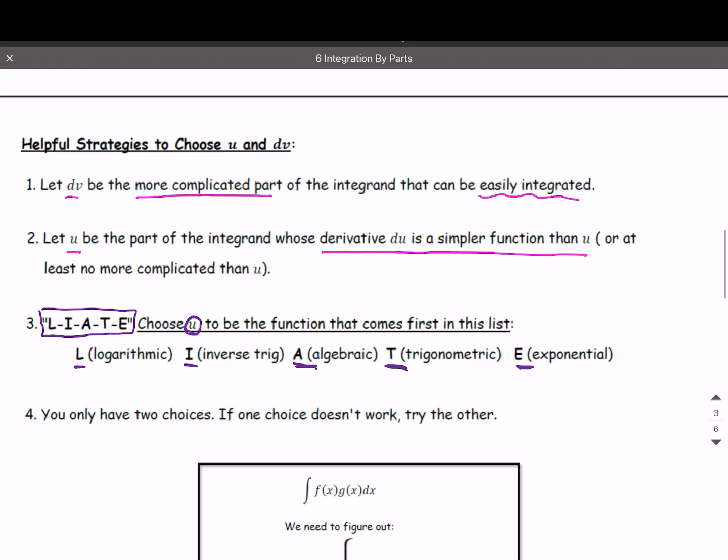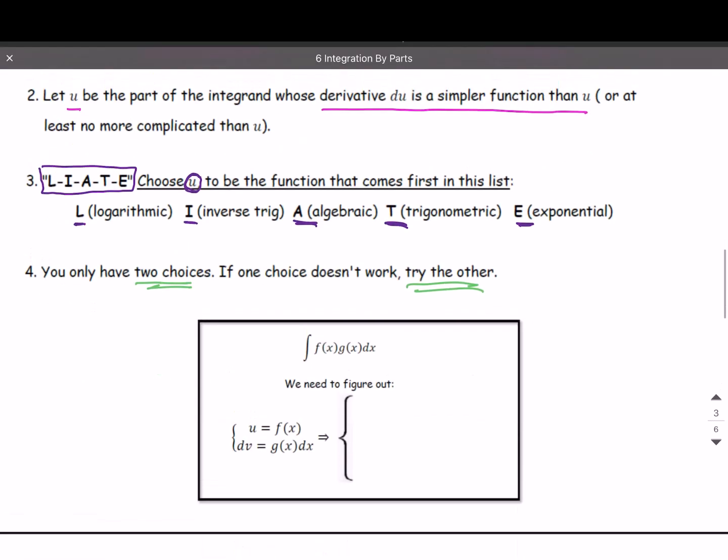Last but not least, you only have two choices. If one choice doesn't work, switch it around and try the other. So if you picked something for u and something for dv and it doesn't work, reverse them. Now, when we choose our u, we also have to figure out du, which is just the derivative of whatever we chose u to be.